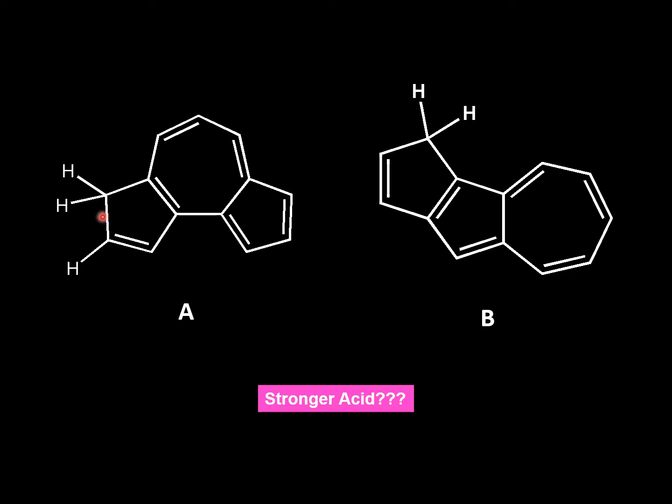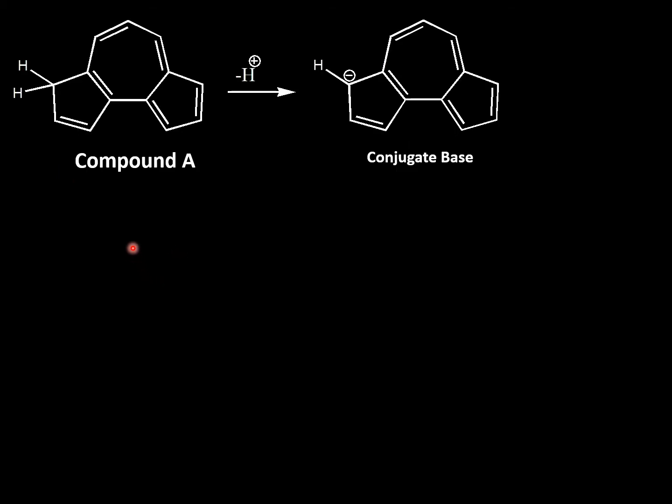So let us look for the stability of the conjugate base that will be formed after dissociation of molecules A and B. Compound A on dissociation gives the conjugate base. We can stabilize the negative charge developed on this conjugate base by delocalization through a resonance or mesomeric effect.